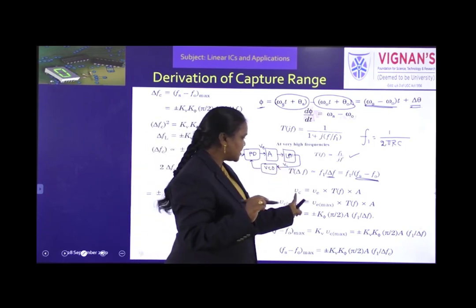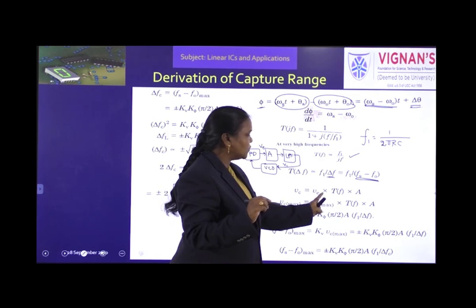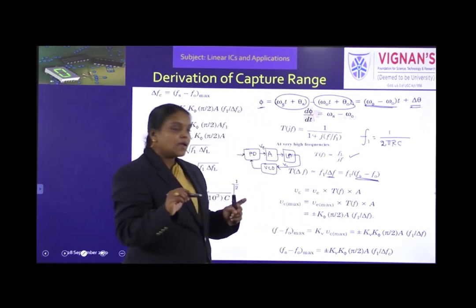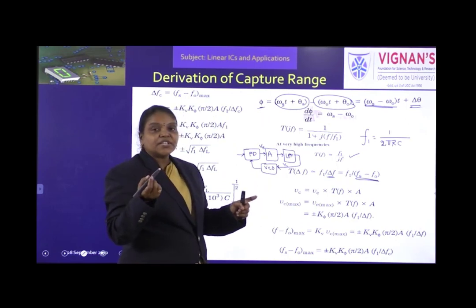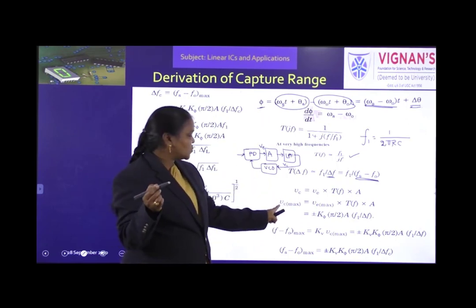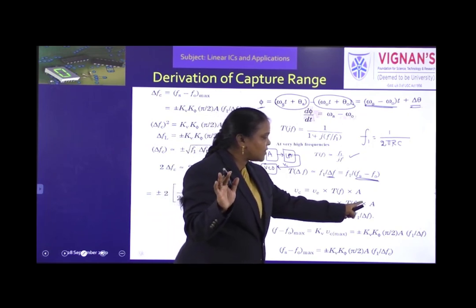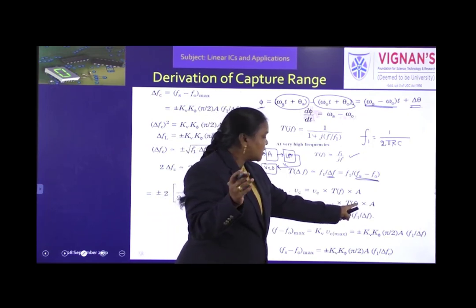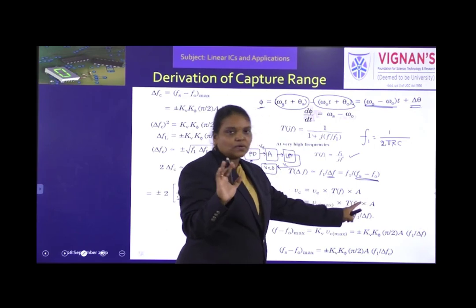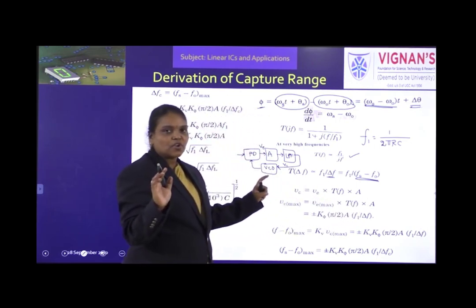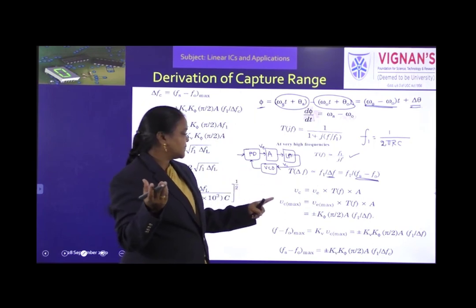So see here, VC is equal to VE into the transfer function of the low pass filter into A. And if I am interested in the maximum control voltage, then VC max. For the transfer function and the amplifier the values are similar, but VE will have its maximum value. So we have to substitute VE max.